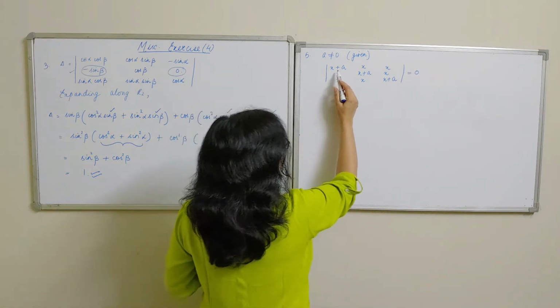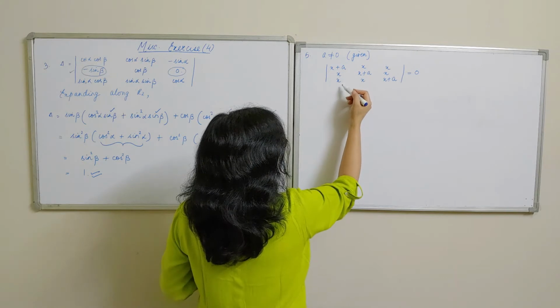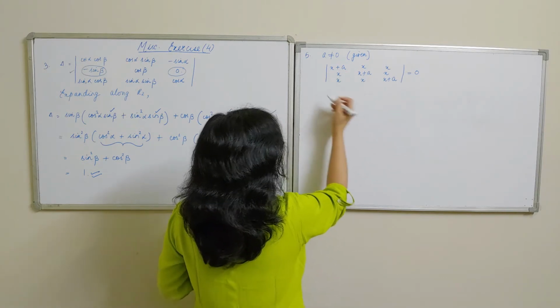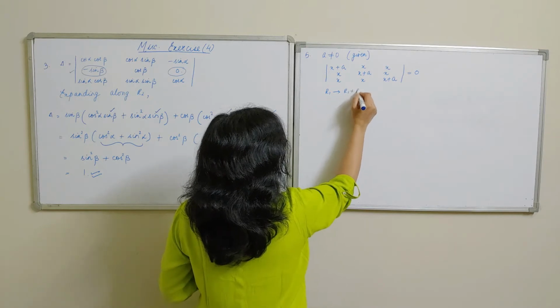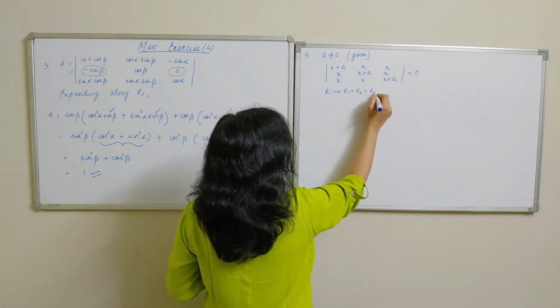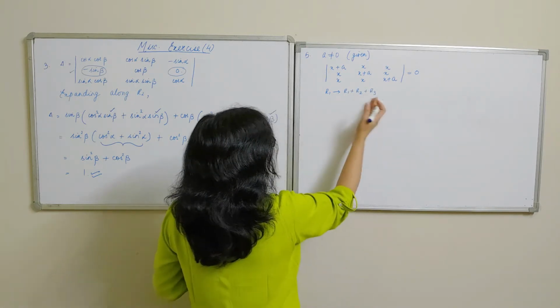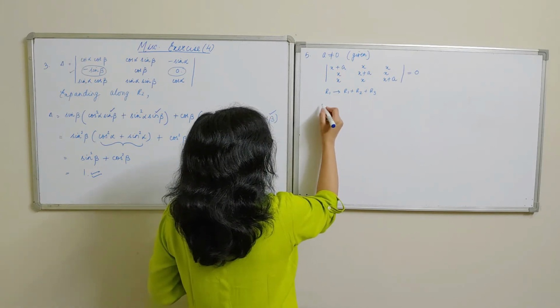So if you look column wise or row wise, you get to know that the elements are the same. So I'm performing an operation, adding the corresponding elements of the rows. We could have performed a column operation also.